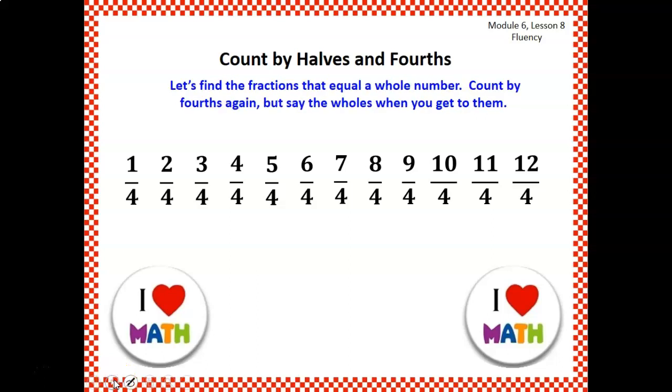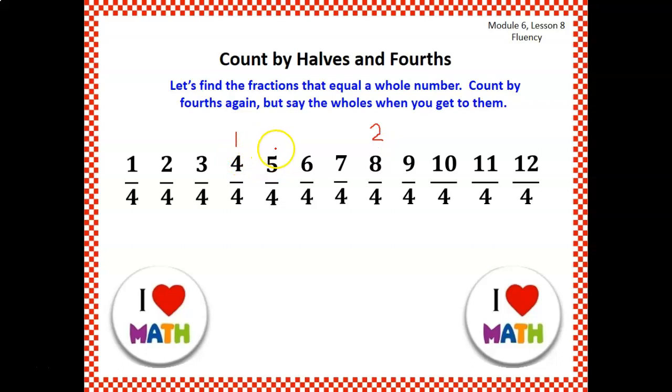Let's find the fractions that equal a whole number. Count by fourths again, but say the wholes when you get to them. Okay, we know there's 4 fourths in every whole. So there's 1, 2, 3, 4 fourths. 8 fourths.